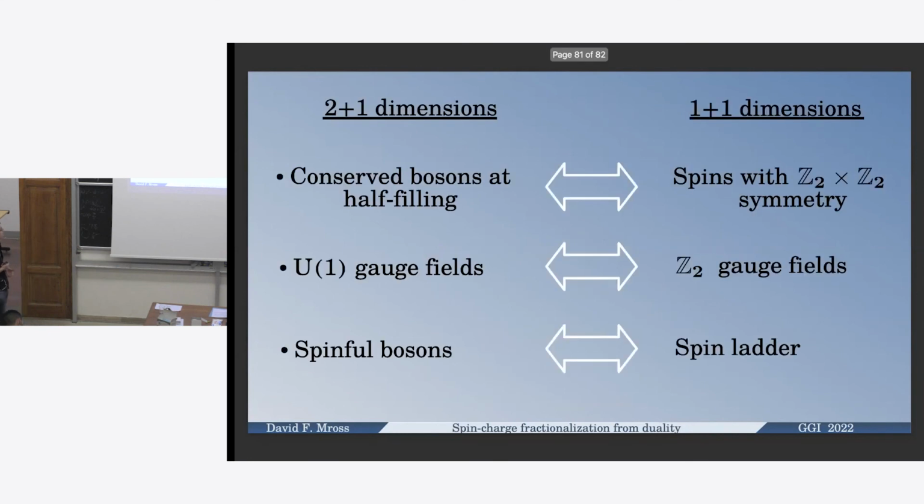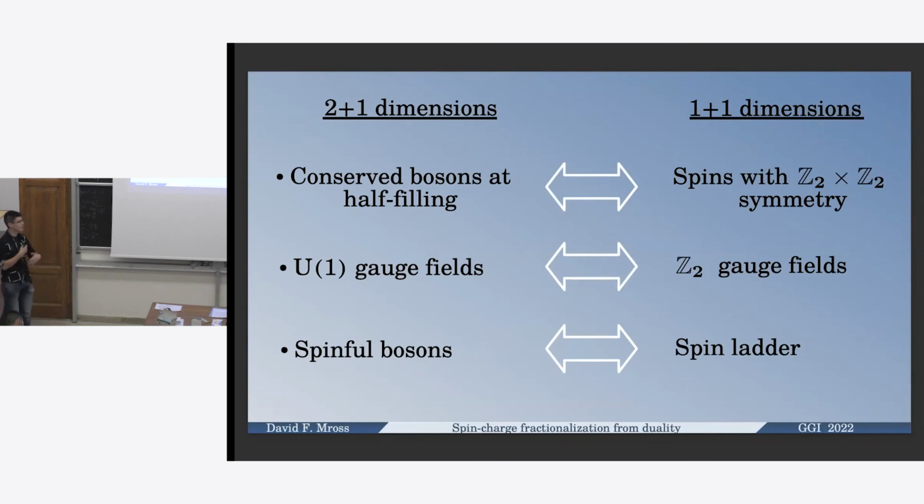And so the mapping is essentially this. I have two species. If I have bosons at half filling, this half filling roughly translates into some larger symmetry, the Z2 cross Z2 symmetry of the Ising spins, and all the U1 gauge fields become Z2 gauge fields.